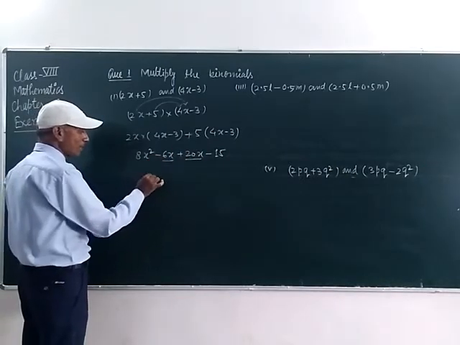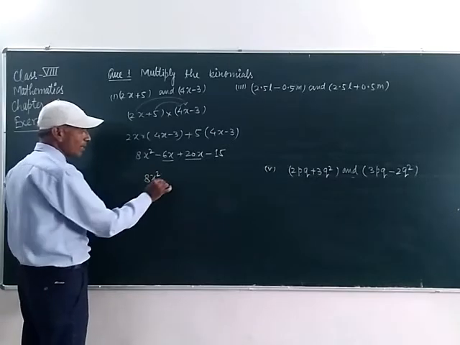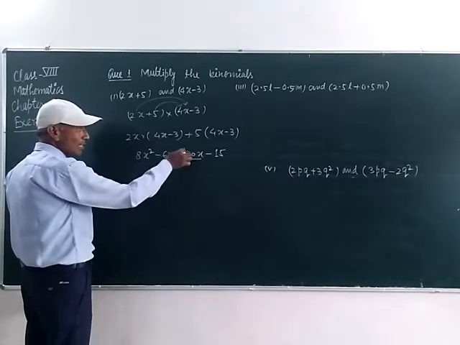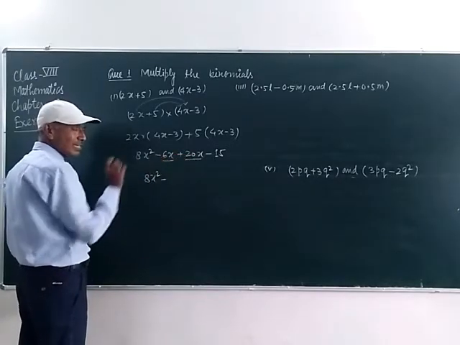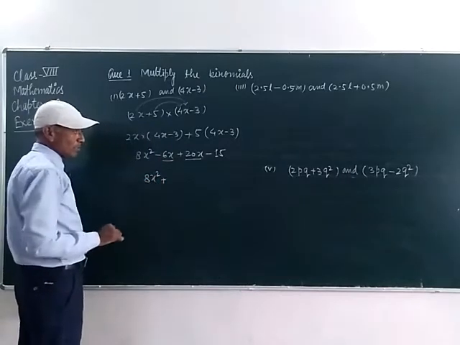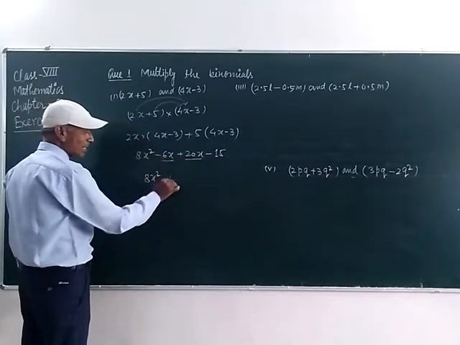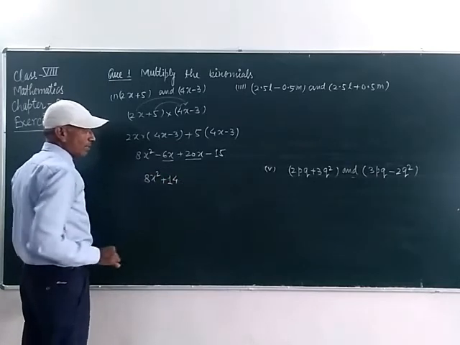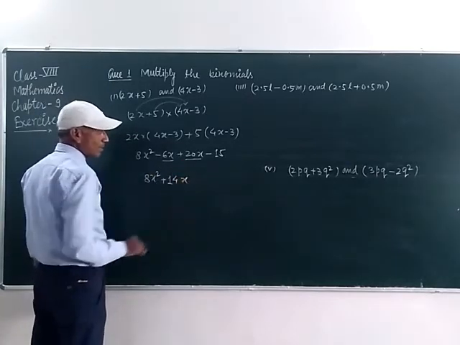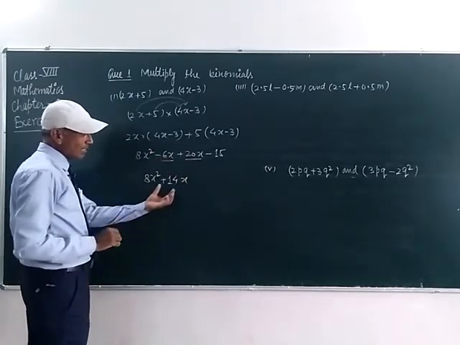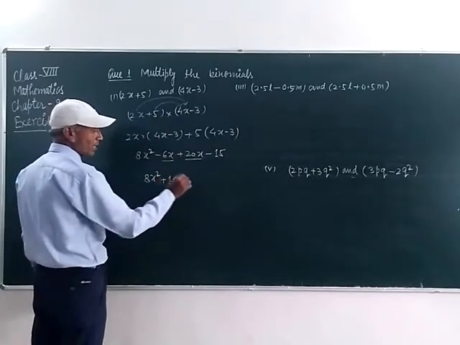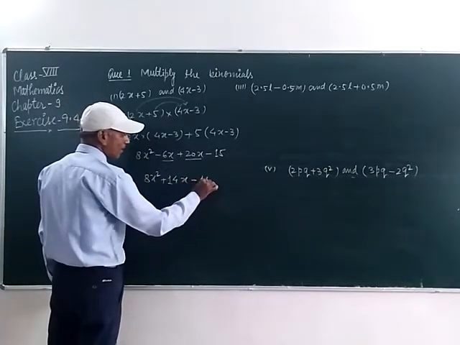This one, 20, is positive, it is greater than 6, so the sign will be positive. So 20x minus 6x, that is 14x. So the answer is 8x square plus 14x minus 15.